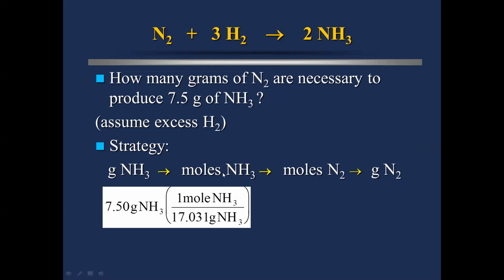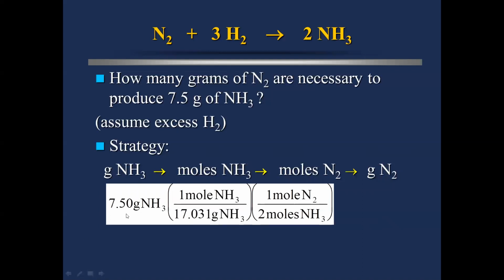From the moles of this one, we can calculate how many moles of nitrogen, simply because of the relationship here, 1 and 2. And from the moles of nitrogen, we can calculate how many grams of nitrogen are needed. You see, this time we calculate from the product to the reactants.